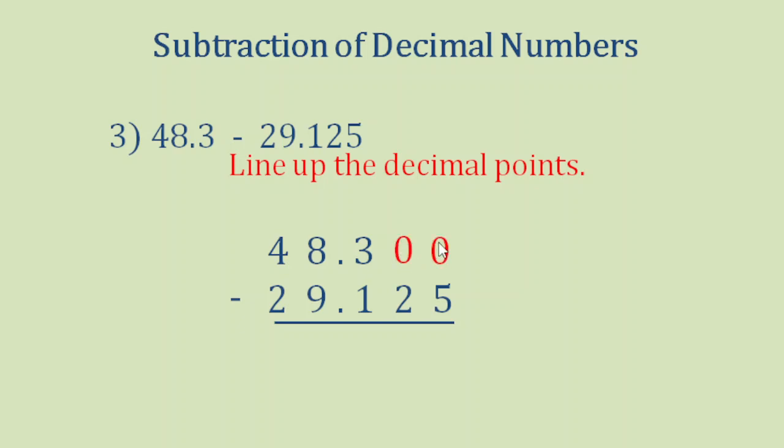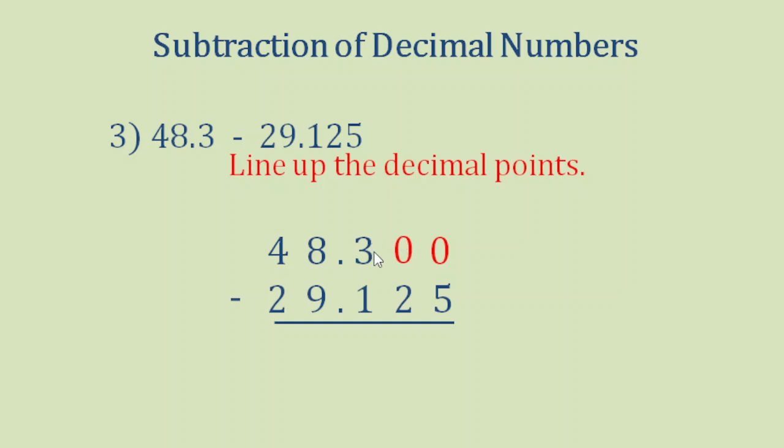Now we start subtracting the corresponding digits from right to left. 0 minus 5 cannot be, because 0 is less than 5. We need to borrow 1 from here. But this is 0. We cannot borrow 1 from 0. So this 0 will have to borrow 1 from 3.